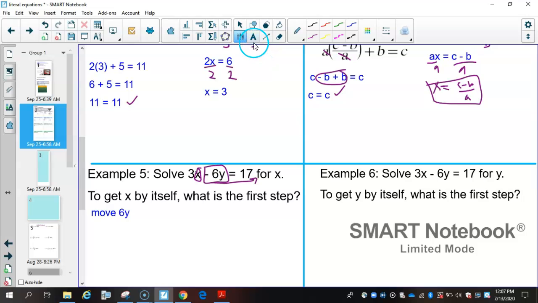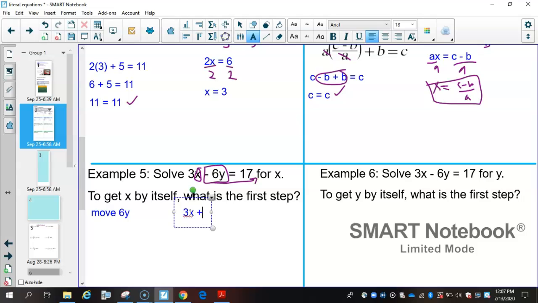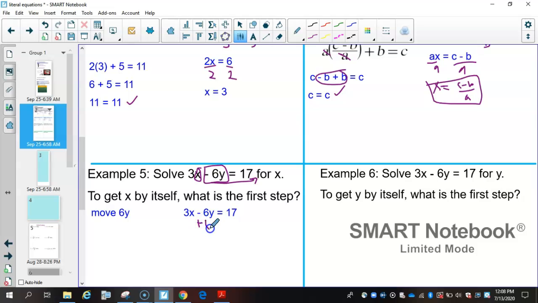So I'm going to retype this equation down here. Oops, that should be minus. So if we add 6y on both sides, what happens here is that these two become 0.